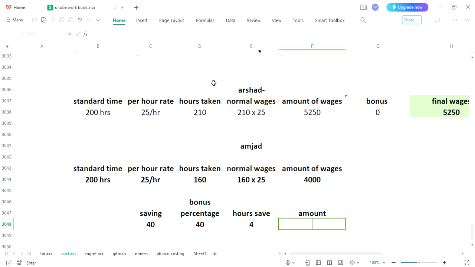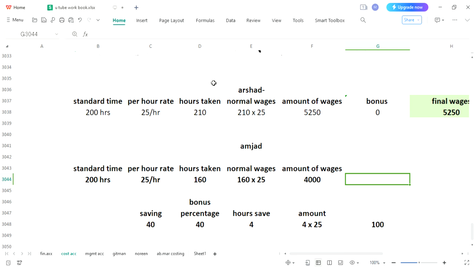Hours were 4, and the per hour rate is 25. So here you will calculate 4 into 25. The amount of bonus is here and the amount of wages 4000 is present over here.